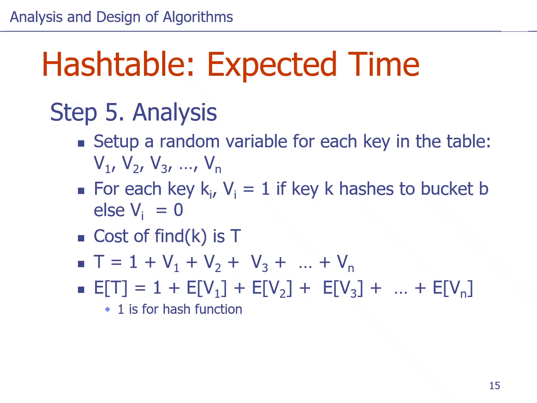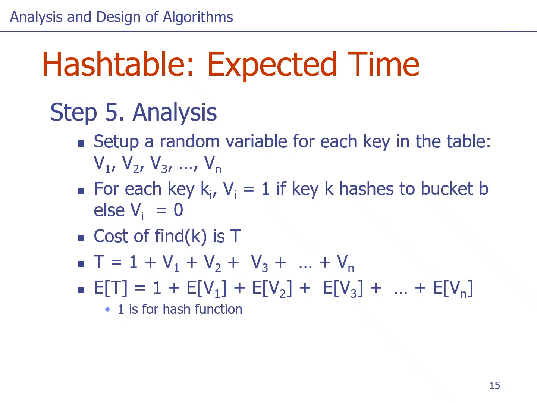Plus v1 plus v2 plus v3 plus vn. That's the cost of running the method find, where v1 represents the chance of finding the first value in bucket B, plus v2, which is the chance of finding the second value in bucket B, which is bucket 3, plus v3, all the way to vn.